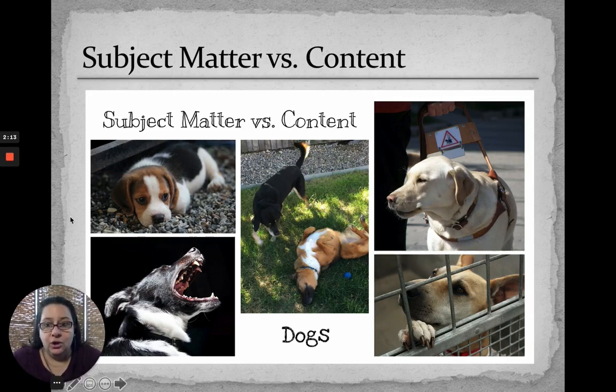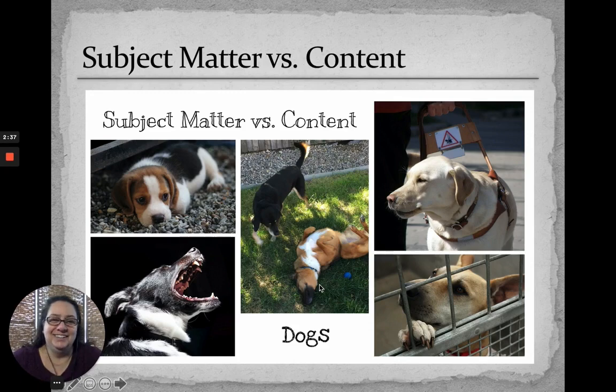If we go around, on the top left we've got the cute fuzzy puppy. Below that, we've got the angry barking dog. On the top right, we've got the working dog, very serious. Below that, we've got the dog in doggy jail. And in the center, we have the happy, playful dogs, the most amazing dogs in the whole wide world because they're mine.